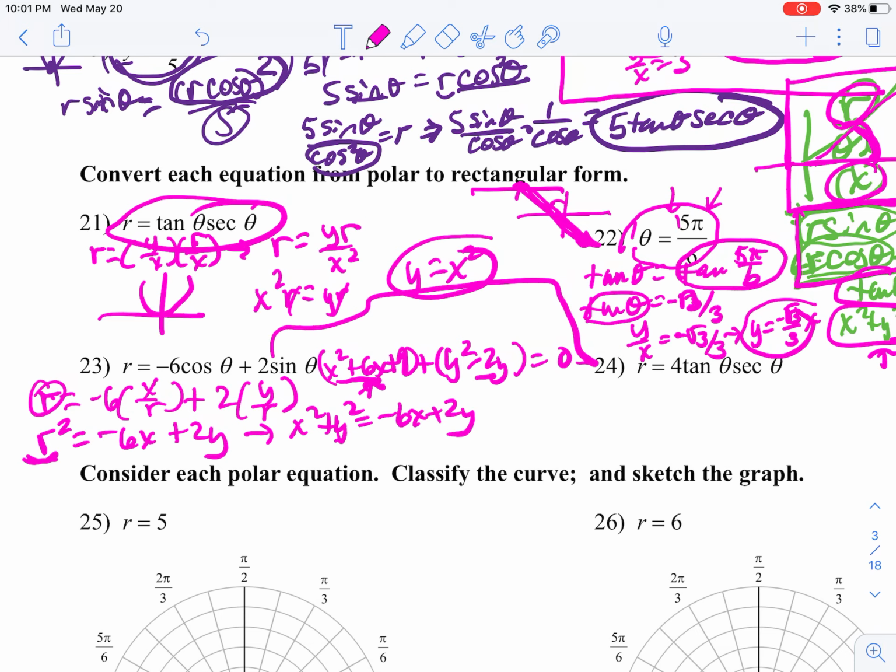Half of 6 is 3 squared is 9. Half of 2 is 1 squared is 1. So I'm going to add 9 and 1 to both sides. Add 9, add 1. Factor x squared plus 6x plus 9. Factor y squared minus 2y plus 1 equals 10.